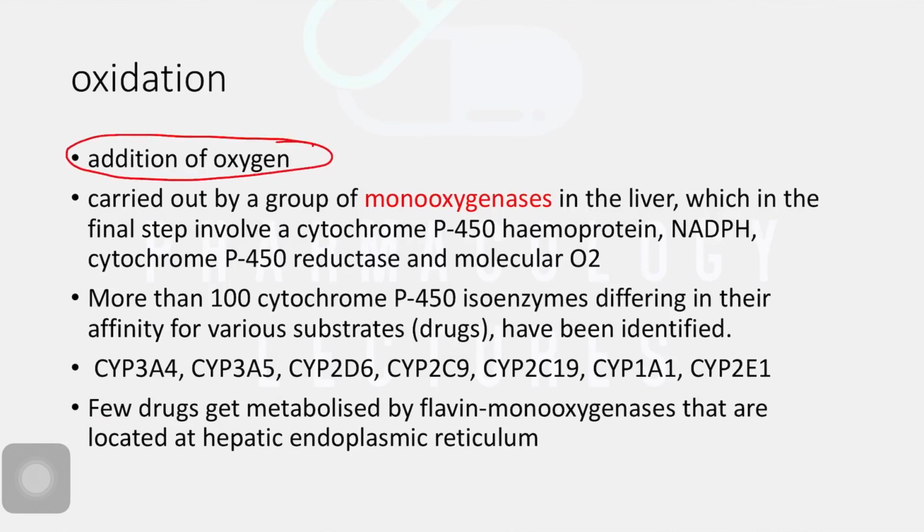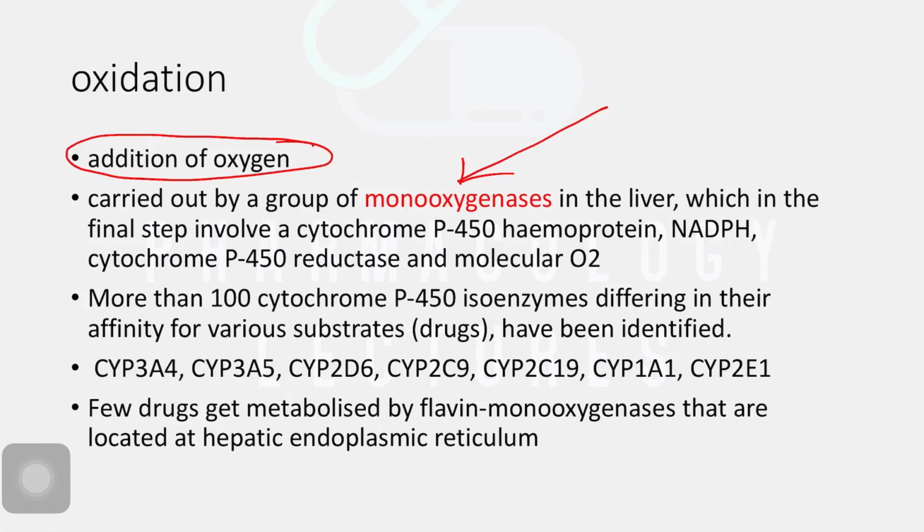So what happens in oxidation, there is addition of oxygen. Why is it the most important reaction? Because it is carried out by a group of enzymes that are called monooxygenases. So monooxygenases are the enzymes which are present in the liver, and with the help of addition of oxygen, this oxidation process is carried out.